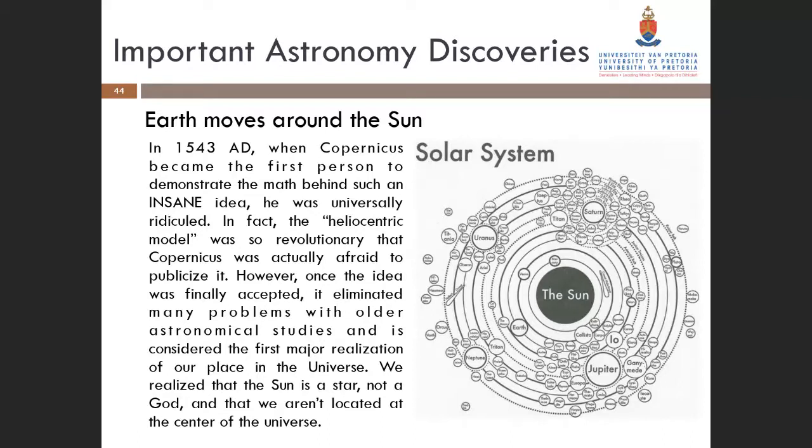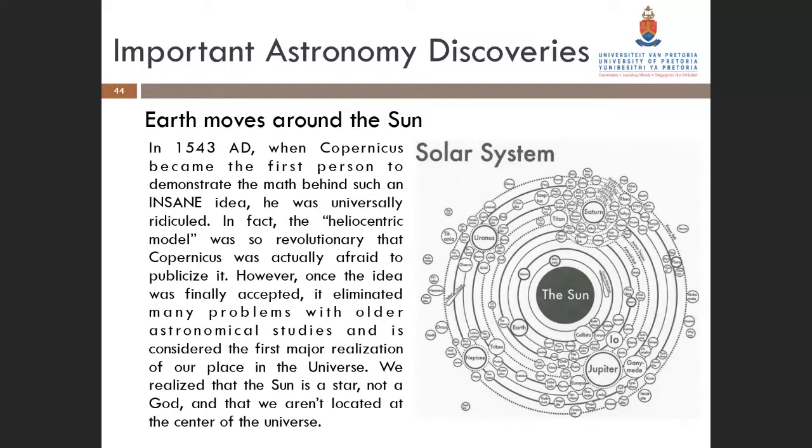In fact, the heliocentric model was so revolutionary that Copernicus was actually afraid to publicize it. However, once the idea was finally accepted, it eliminated many problems with older astronomical studies and is considered the first major realization of our place in the universe. We realized that the sun is a star, not a god, and that we aren't located at the center of the universe.